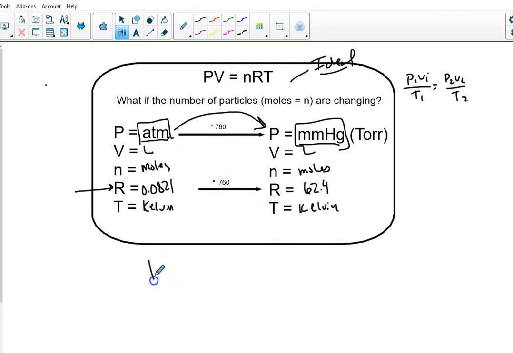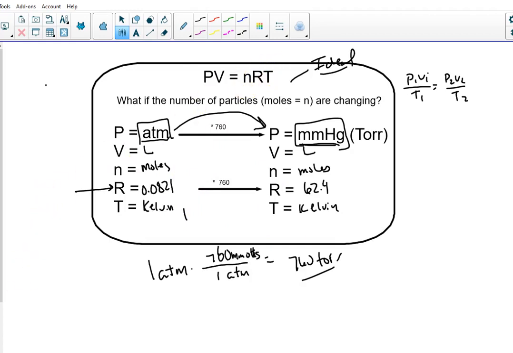So keep in mind that if you want to convert atmospheres to torr, or millimeters of mercury, Hg, it's 1 atmosphere to 760 torr. Torr and millimeters of mercury are the same thing, and these are pretty common units of pressure. These are the two values of R we're using for PV = nRT.